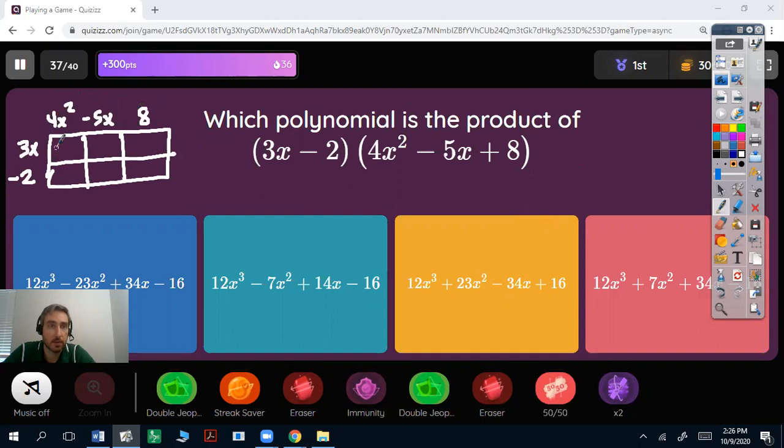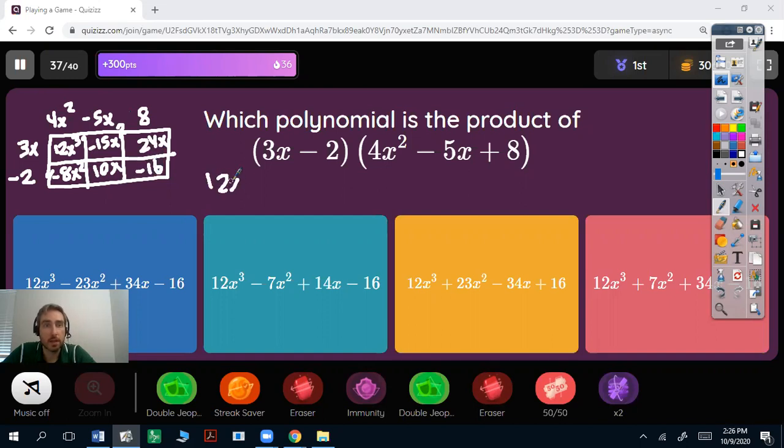So that's 4 times 3 is 12x cubed. 4 times negative 2 is negative 8x squared. 3 times negative 5x, negative 15x squared. And negative 2 times negative 5x is positive 10x. And 3x times 8 is 24x. And 8 times negative 2 is negative 16.